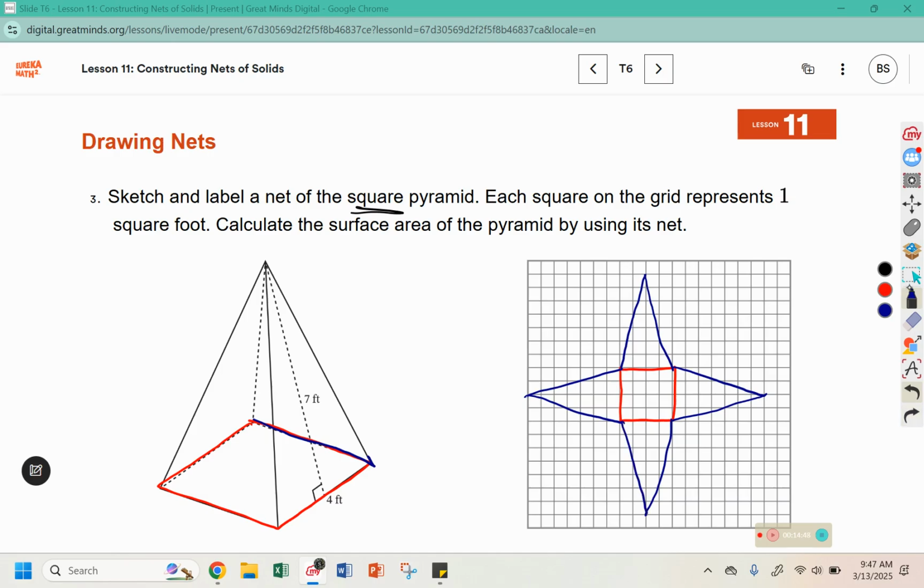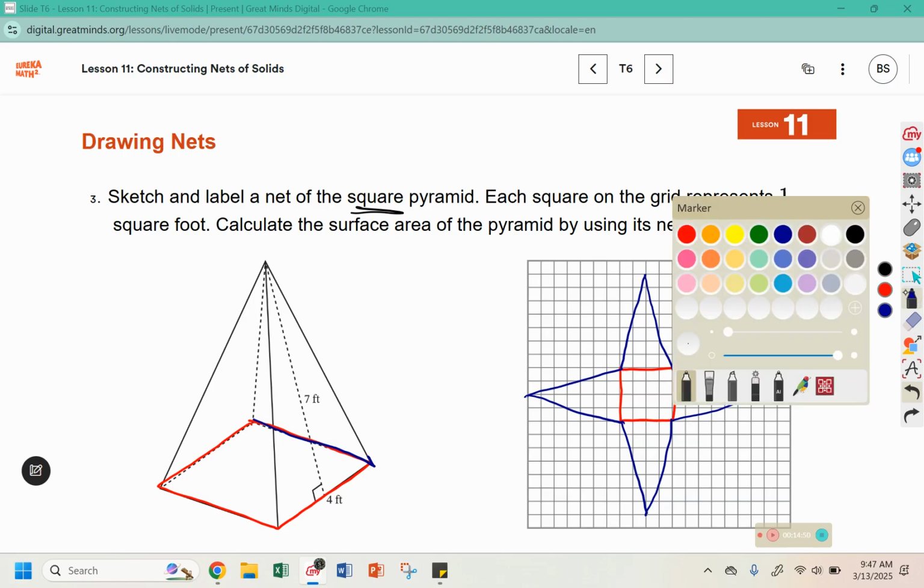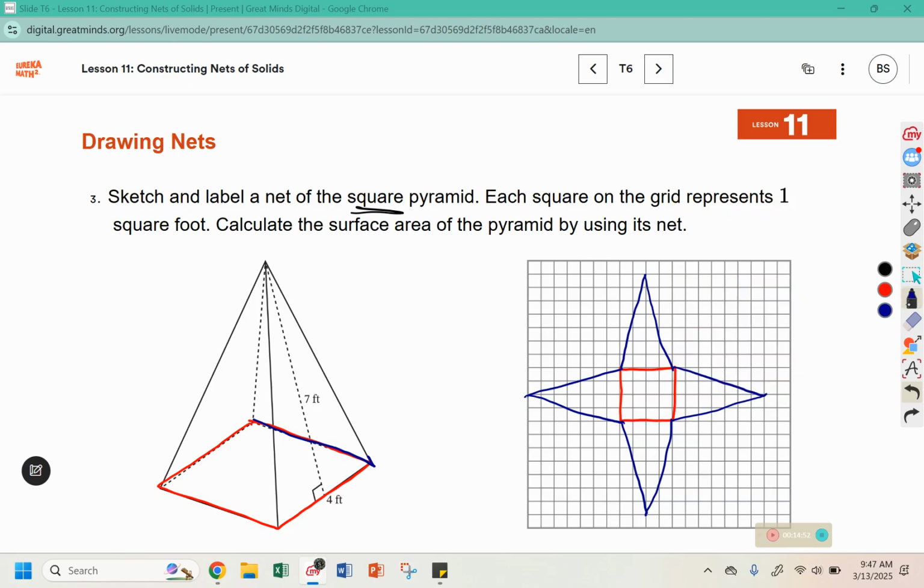Now we need to calculate the surface area for the prism, or pyramid, excuse me. It's a 4 by 7. So for the area of the triangle, the base is 4 and the height is 7. 4 times 7 is 28, but remember triangles are half of rectangles, so half of 28 is an area of 14, and all of those triangles are the same size.